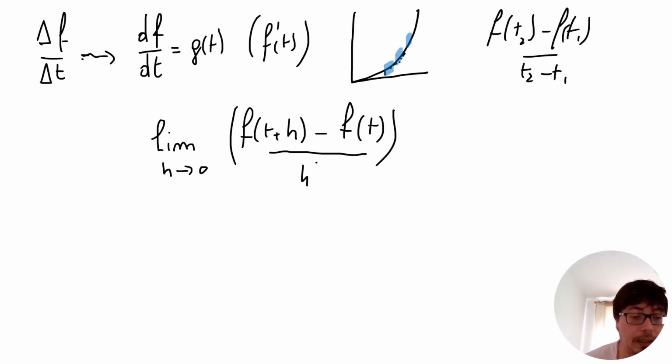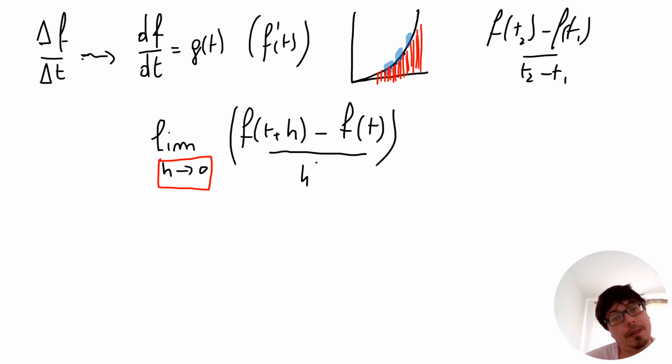So this means that our step, which is h, is actually going to 0, which means that we are refining our derivative with very tiny steps, many tiny steps. So this is the formal definition of derivative, at least in one dimension.